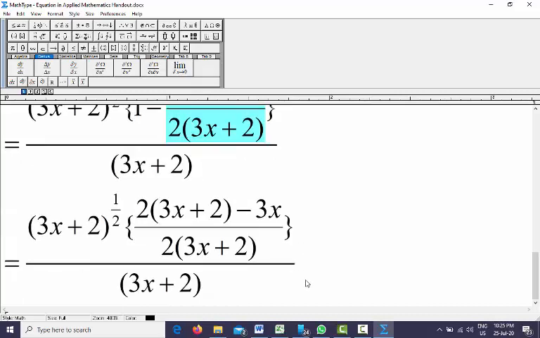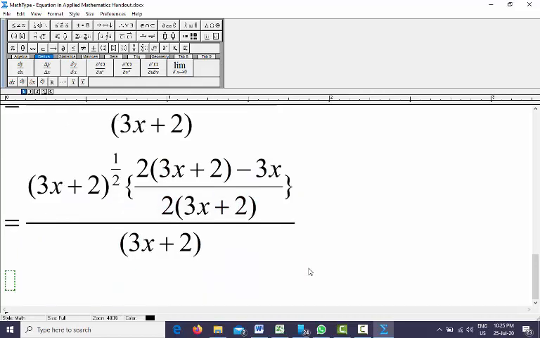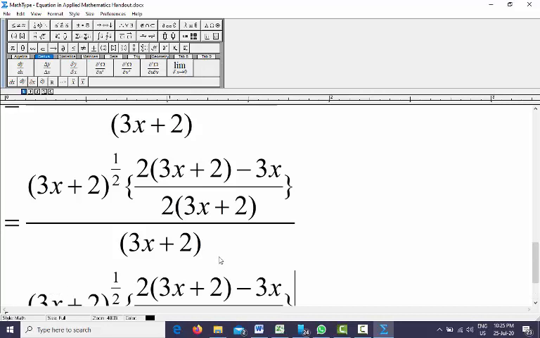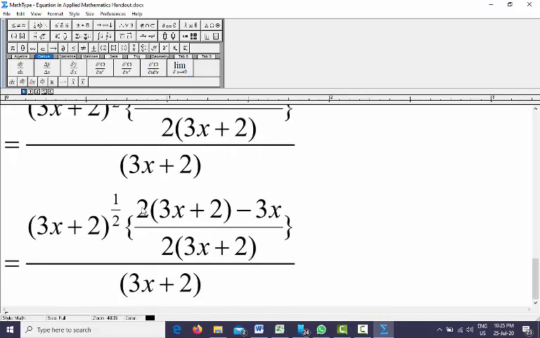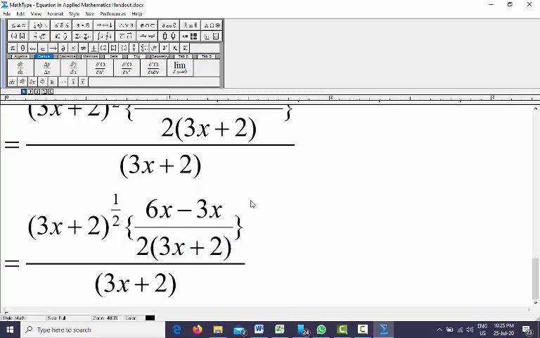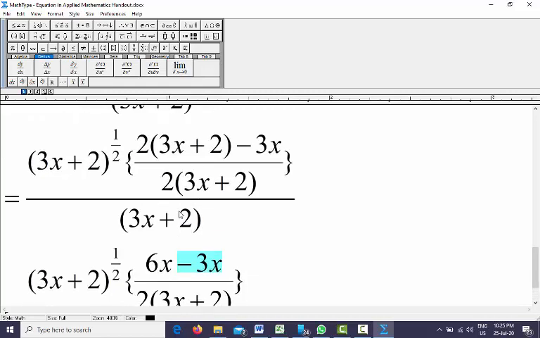Now what we have here is 2. If you multiply this, 3 multiplied by 2, we get 6x, and then 2 multiplied by 2, we have plus 4.